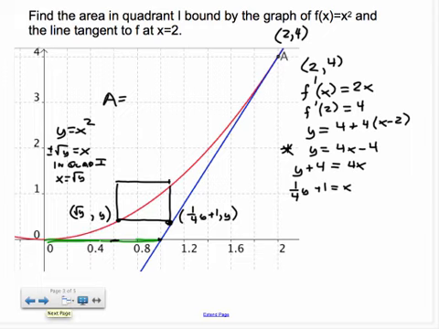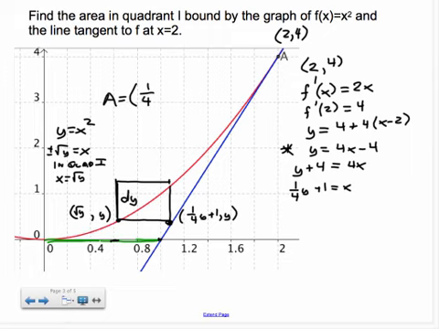Now, my width, or whatever you want to call this dimension right here, is not dx, it's dy. And this makes sense because my area expression is going to be written in terms of y in this case, because my rectangles are drawn in a different orientation. So I want to do right minus left instead of top minus bottom to guarantee that my width in this picture is going to be a positive number.